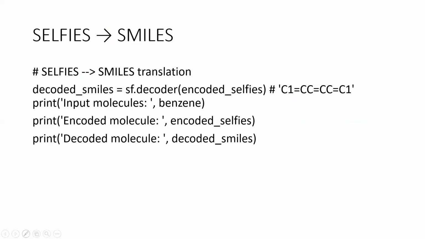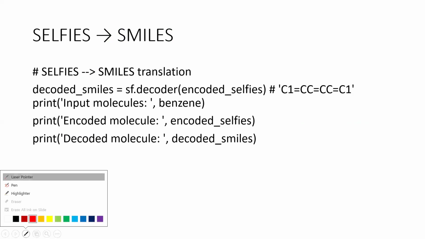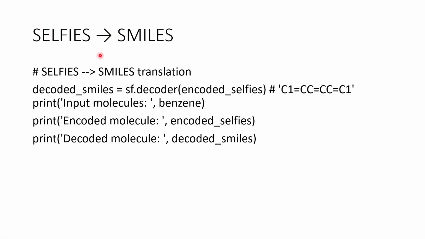Fine. Now we can see the different types of SELFIES to SMILES. This is another type of coding where we have seen the conversion, like SMILES to SELFIES and SELFIES to SMILES. For those using biopolymers or biological materials, biomaterials or chemistry, the important aspect is the conversion of molecular representations into different forms.